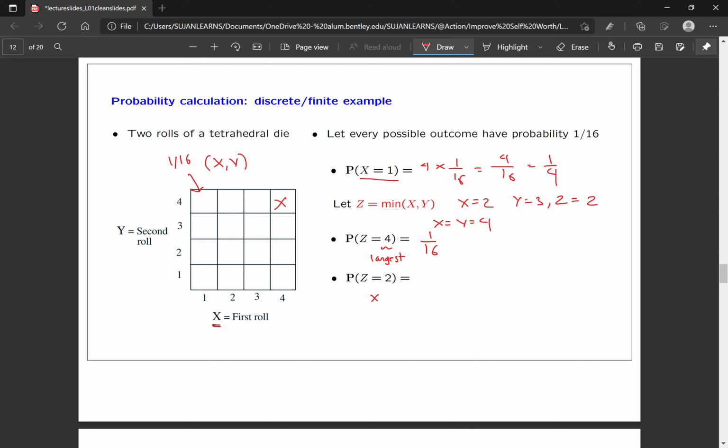Either x is greater or equal to 2 or y is greater or equal to 2. This can happen.